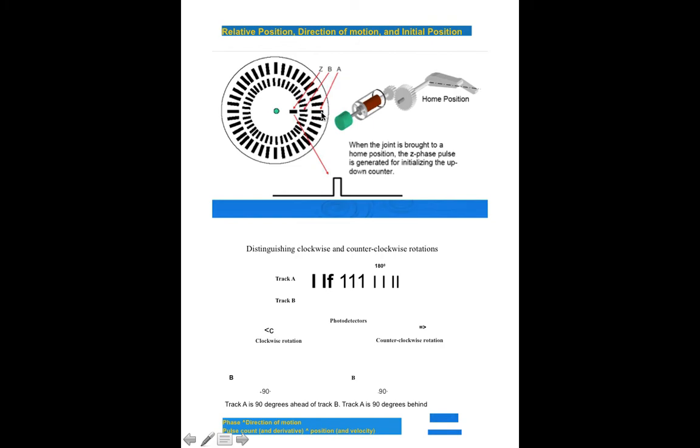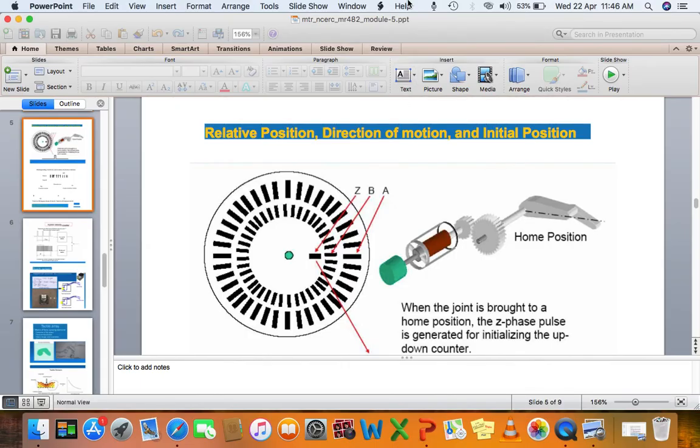So this is all about the position sensor. This is how the motion is understood, whether the motor is rotating in a clockwise or an anti-clockwise direction. At the same time, we can understand the initial position or home position of a rotary actuator. So that's all about the system.